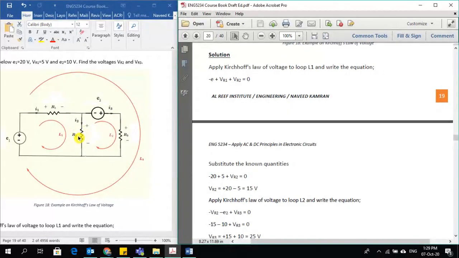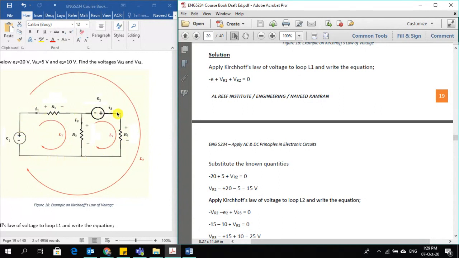To solve this, if you look at this circuit overall, there are three available loops. This loop here covers the voltage source E1, R1 and R2. This is the first loop. The second loop is here, covering the components R2, voltage source E2 and R3. And there is a third loop which is the outer loop.